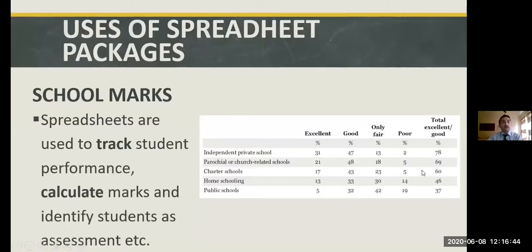We are using these spreadsheets to track students, as you know. Not only students, maybe as a teacher we can track it, or other people, okay? And for performance and to calculate marks and identify which students are better, which is good. For example, here the first one is very good, 78%, like this. Okay, we are using it in school marks.